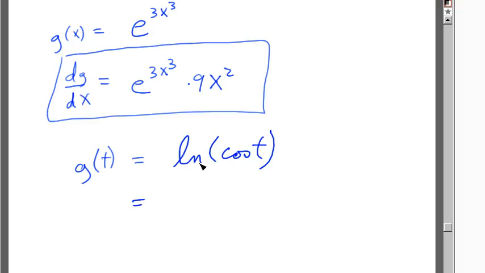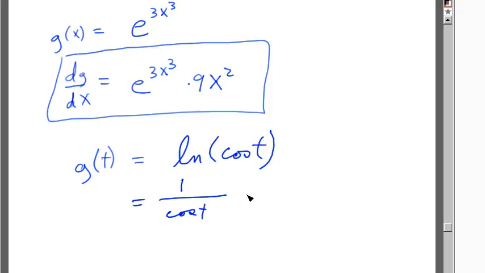So we take the derivative of the natural log with respect to its argument, so it'll just be 1 over the argument, or in this case 1 over cosine of t, times the derivative of the argument with respect to the variable we're trying to take the derivative with respect to.